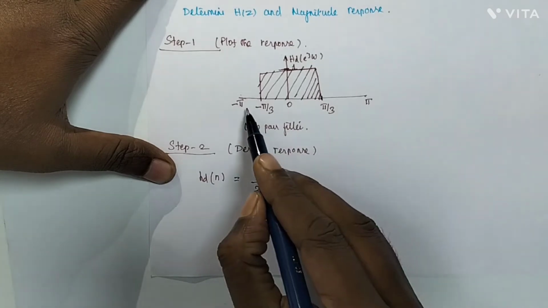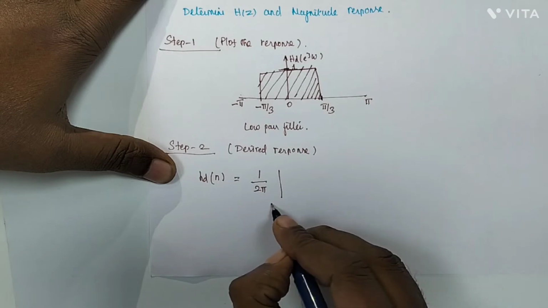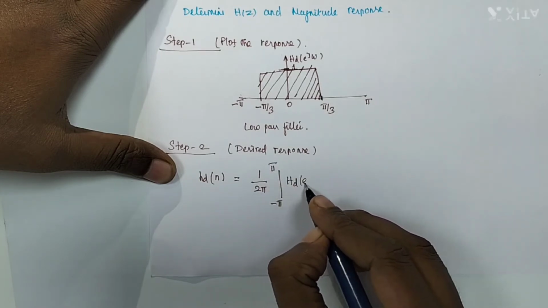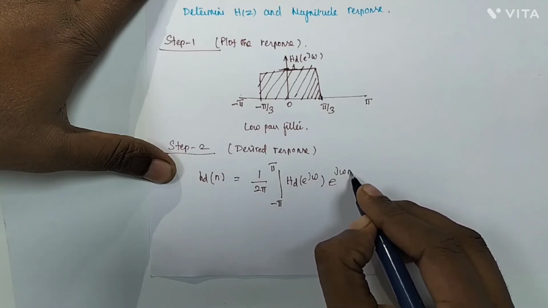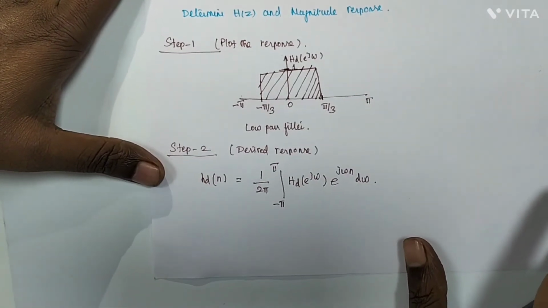Here the bandwidth is minus pi to plus pi, so 1 by 2 pi integral from minus pi to plus pi of Hd of e power j omega into e power j omega n into d omega. So this is the relation to find the desired response.